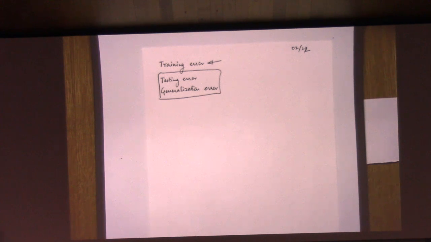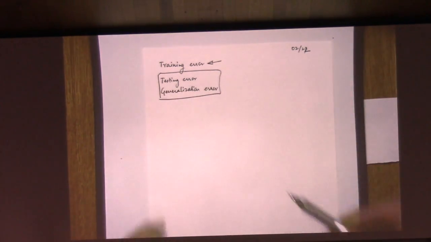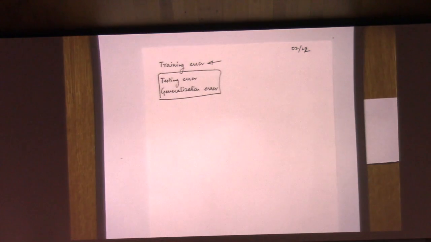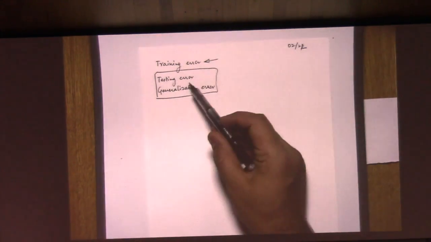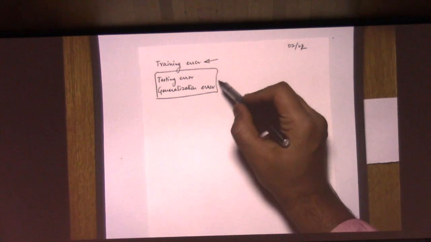In general, it's not possible to have the test data beforehand, so it is not easy to come up with methods that can minimize that. This is the only thing that we can minimize. However, what we want is this. So there is this situation here, which is that we can only minimize this, but what we really want is a model that can have a low testing error.